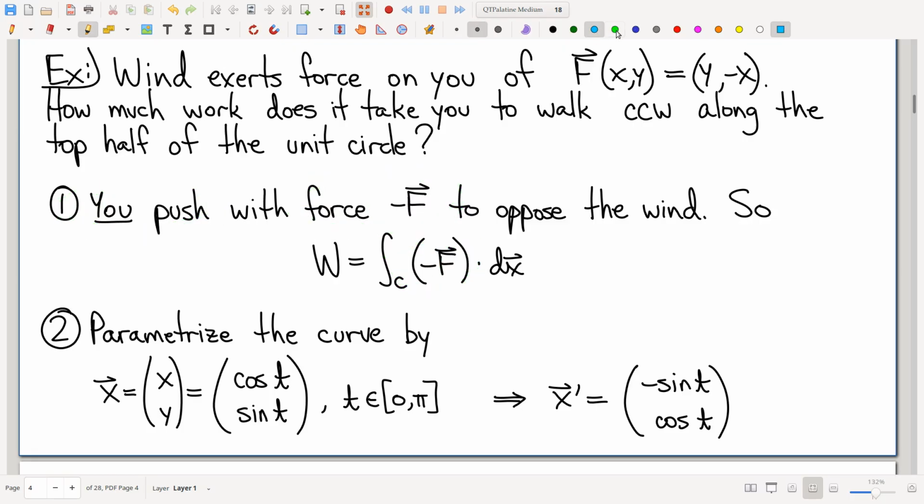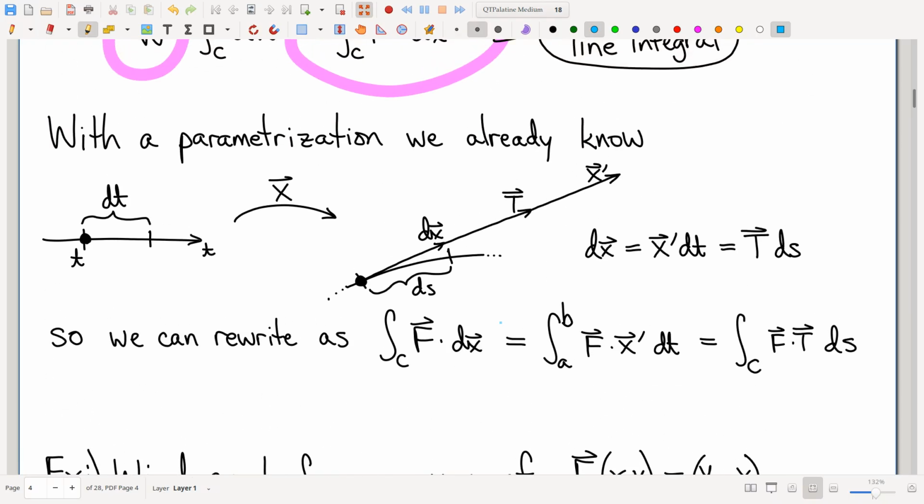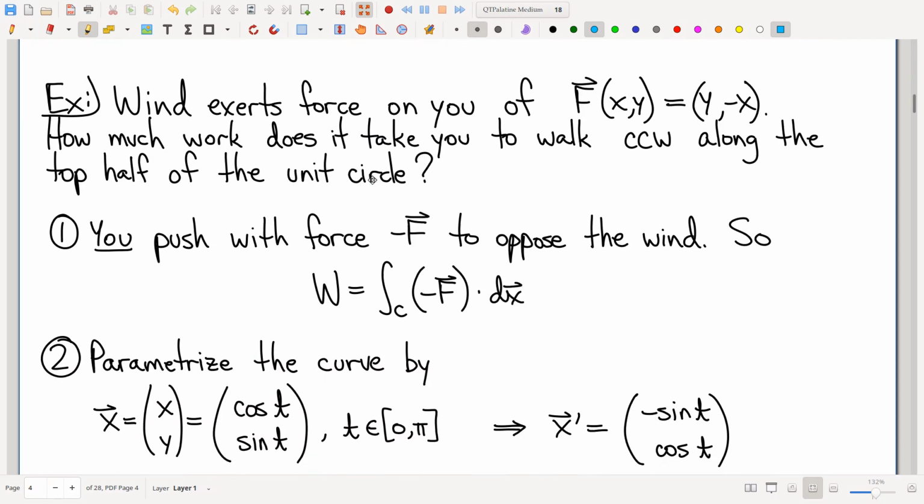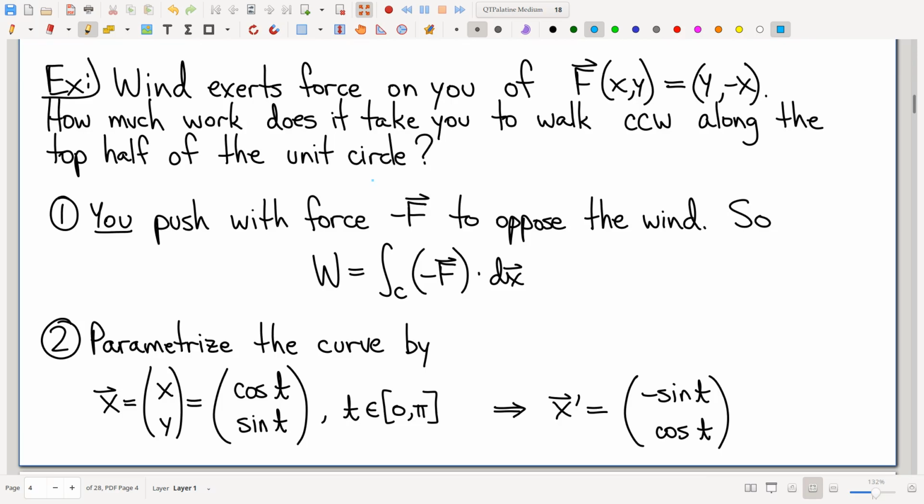Other than that, notice we just have a vector line integral. Vector field dot displacement added up over the entire curve. Per the above formula, step one is we're going to have to parameterize. How do we parameterize that curve? Okay, well, flashbacks to chapter 1.